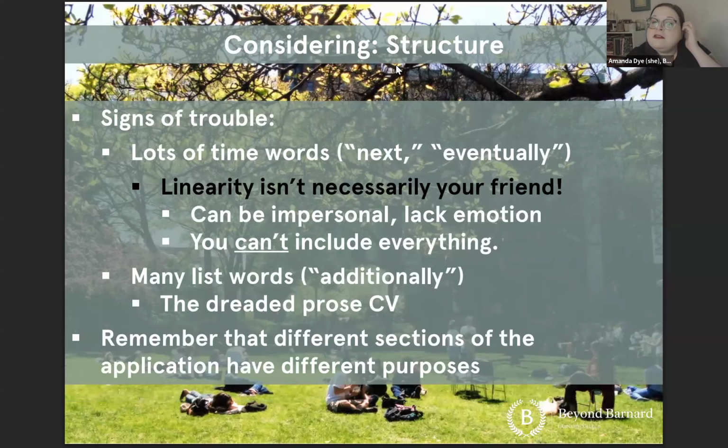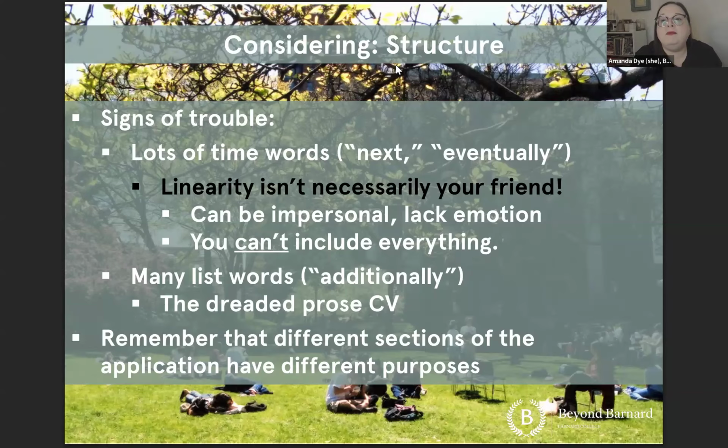Things to look out for when you're revising for structure: a lot of time words. So, next, eventually, first, then, etc. I find that sometimes we as humans like to try to tell stories in chronological order. And in a personal essay of this format, one that is pretty restricted in terms of the space, presenting things in a linear and chronological fashion is not necessarily the best way to do it.